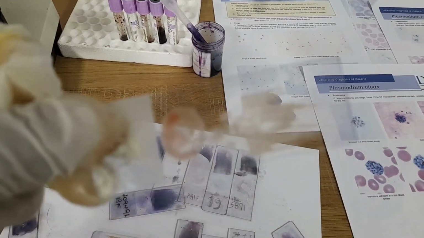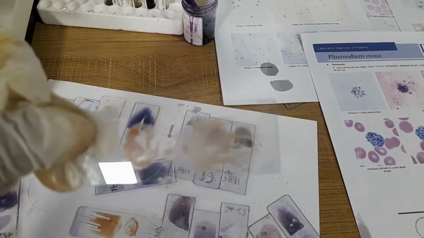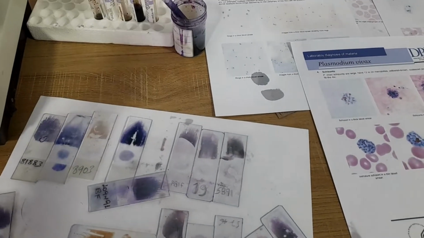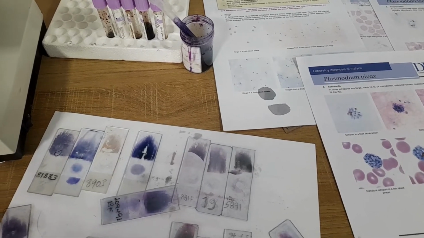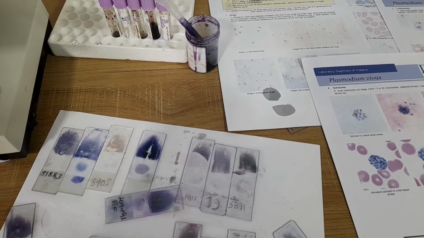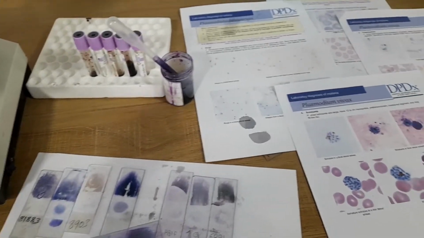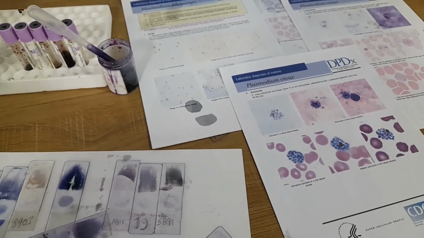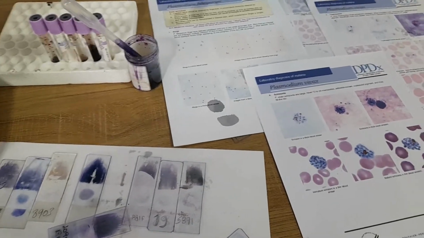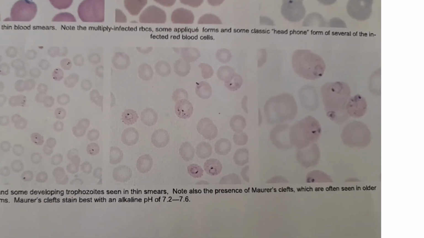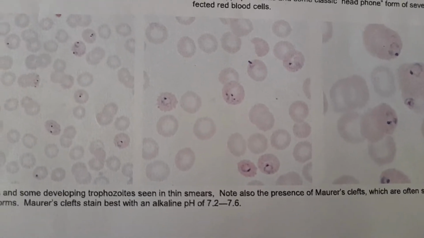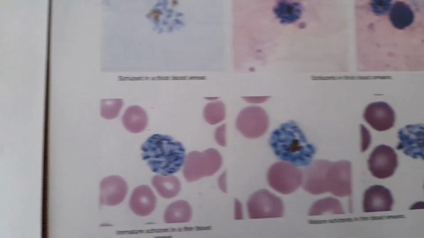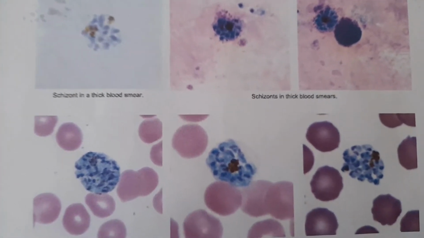As I said, the thick smear is the most sensitive one because it has a high, concentrated amount of parasite. The thin one is important because it will give us a single layer of the parasite, which is Plasmodium. Under the microscope, we may see different stages of the parasite, maybe the ring stage, which resembles a ring, or the schizont stage, which is full of merozoites.